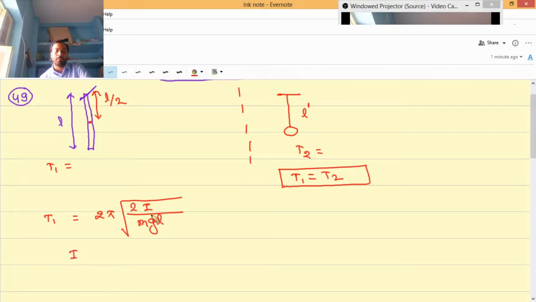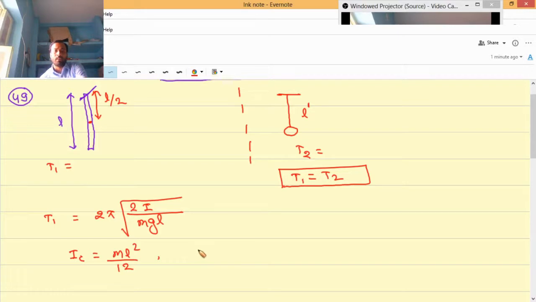Now we have to evaluate the moment of inertia. First consider the moment of inertia about the central point. For a uniform rod, the moment of inertia about the central point is mL square by 12.